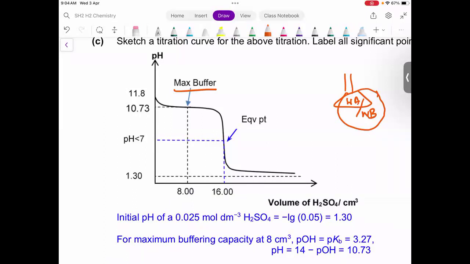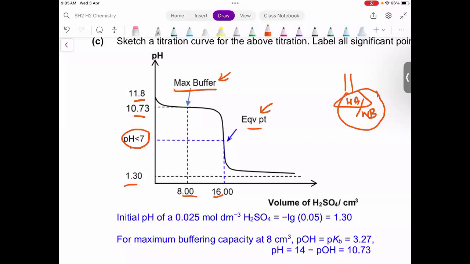These are all marking points, the ones that I label over here. You need to label the max buffer point, the equivalence point, and indicate whether it's acidic or alkaline. Origin, meaning 0.